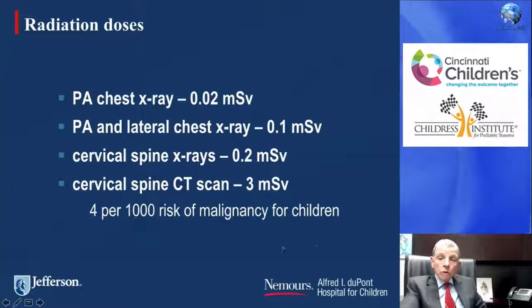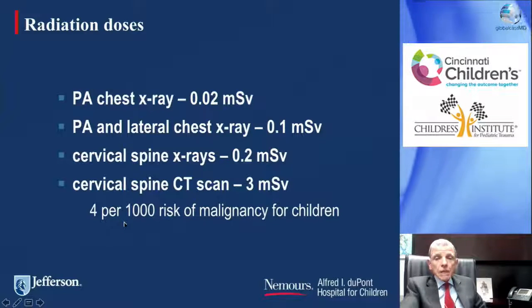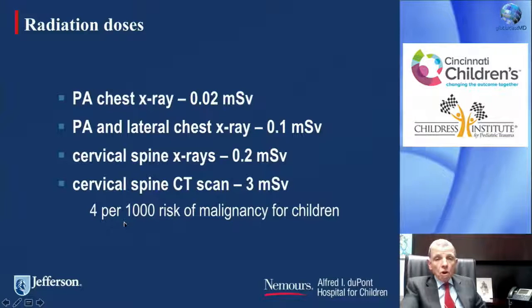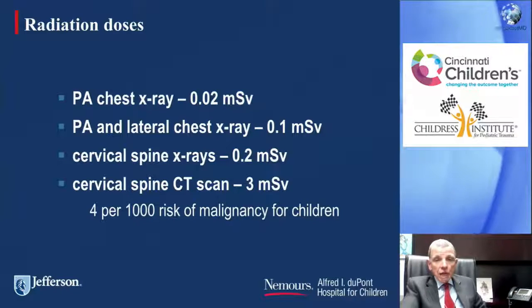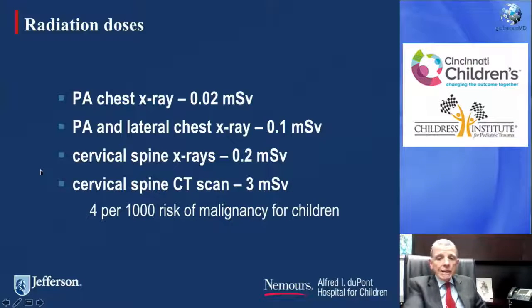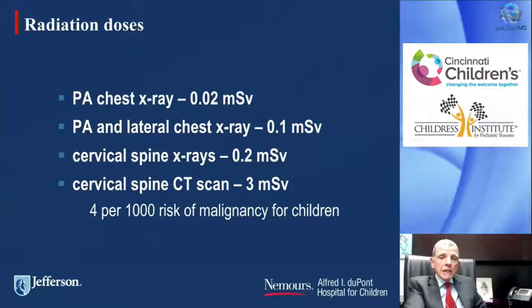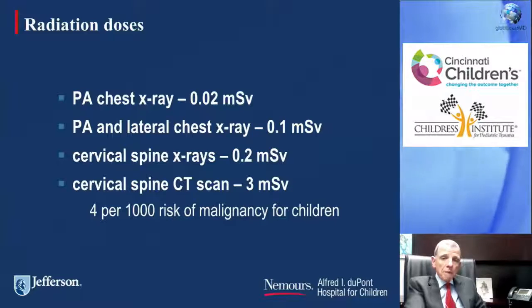And whether it's true or not, it's widely believed that this kind of radiation exposure is responsible for cancers later in childhood, a very high lifetime prevalence of cancers related to this kind of radiological exposure. So there is much interest and much pressure to minimize the use of CT scanning of the cervical spine.